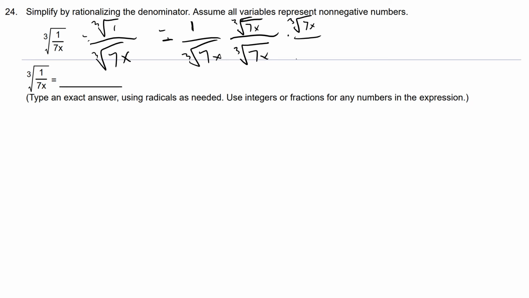That way we have a set of 3 on the bottom. This set of 3 on the bottom becomes just that 7x. It cancels out the cube root. On the top, we're going to put these pieces together. We're going to multiply the insides of the radical together, and we end up with the cube root of 49x squared, and we're going to leave it just like that.